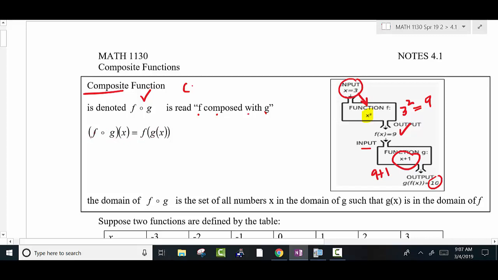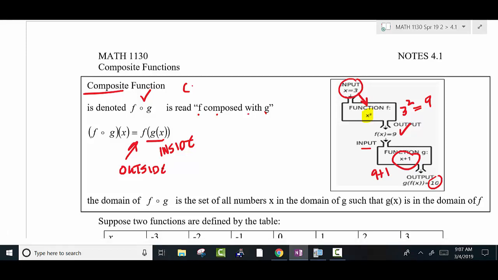If I say f composed of g of x, that really just means f of g of x. The g of x is the inside function, and the f of x is the outside function. So really what we do is we get a new function out of 2 functions.